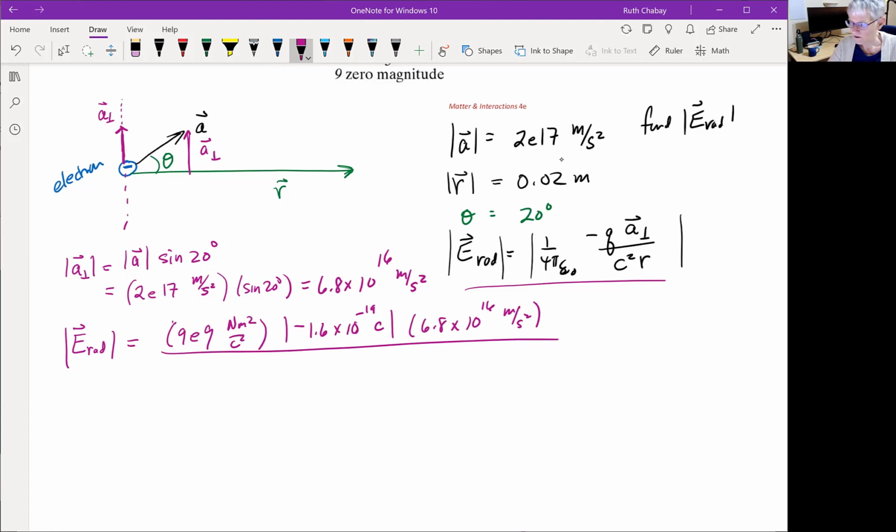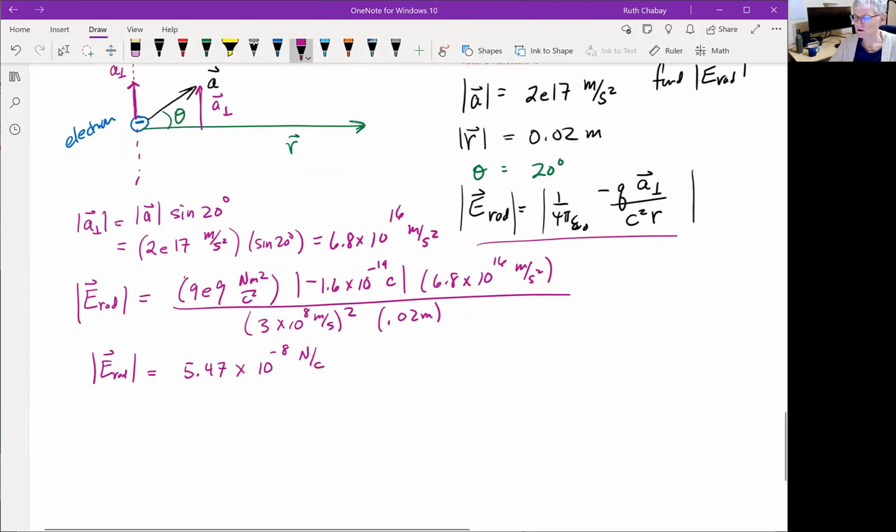And that's divided by the speed of light squared, 3 times 10 to the 8th meters per second squared, times the magnitude of R, which is 0.02 meters. And we get a magnitude of 5.47 times 10 to the negative 8 newtons per coulomb, if I did the arithmetic right.